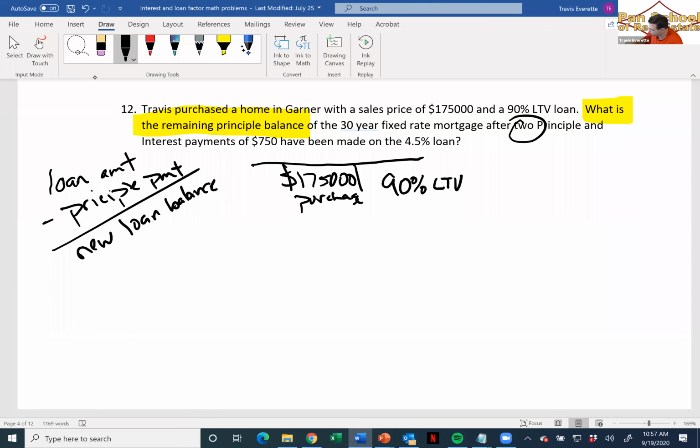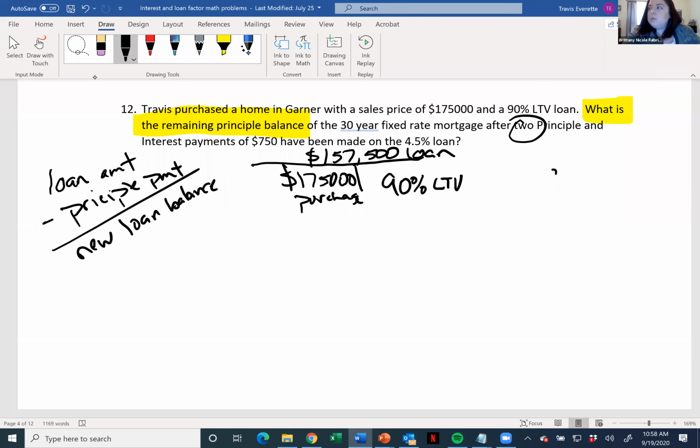So to figure that out, that is 157.5 for a loan balance.